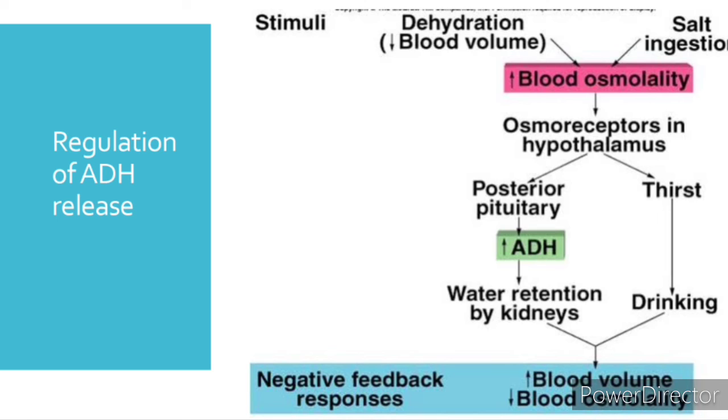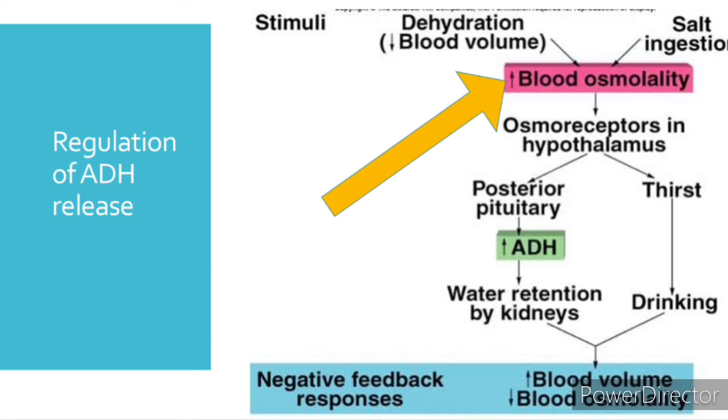Now regulation of antidiuretic hormone release. Basically the stimulus for it is increased blood osmolality. Okay, it occurs due to either dehydration or salt ingestion. So in either of these conditions there would be an increase in blood osmolality, which in turn activates the osmoreceptors in the hypothalamus. Now the hypothalamus will exert two kinds of effect.